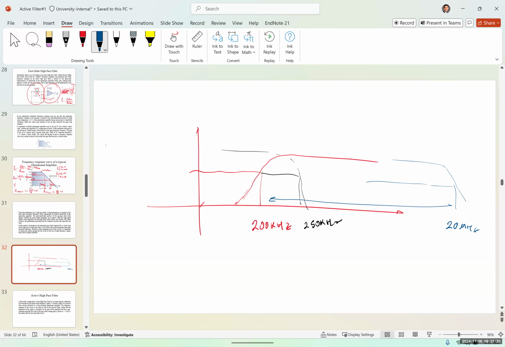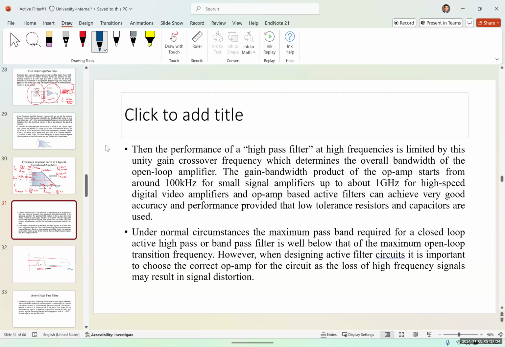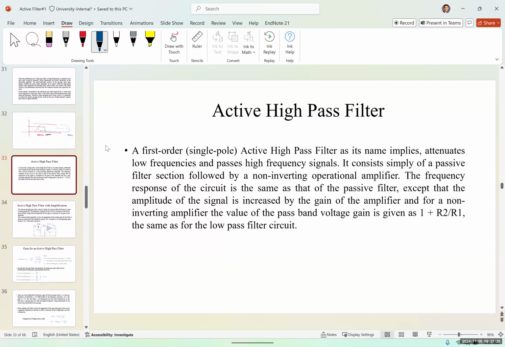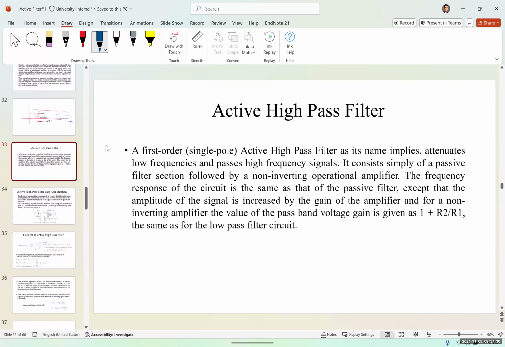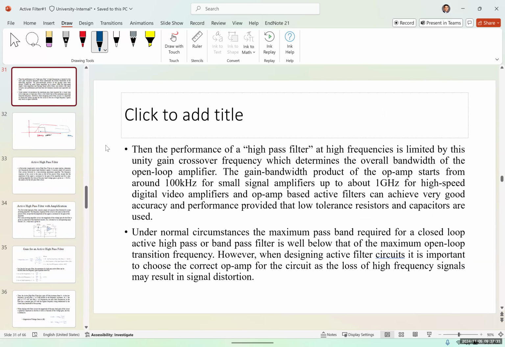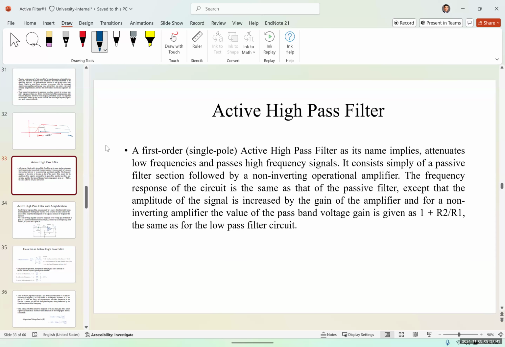So you have to switch to a higher frequency op amp. So this is what these two slides explain. When designing an op-amp circuit, again, it's better to always pick an op amp that has a gain bandwidth product which is pretty large or pretty high.